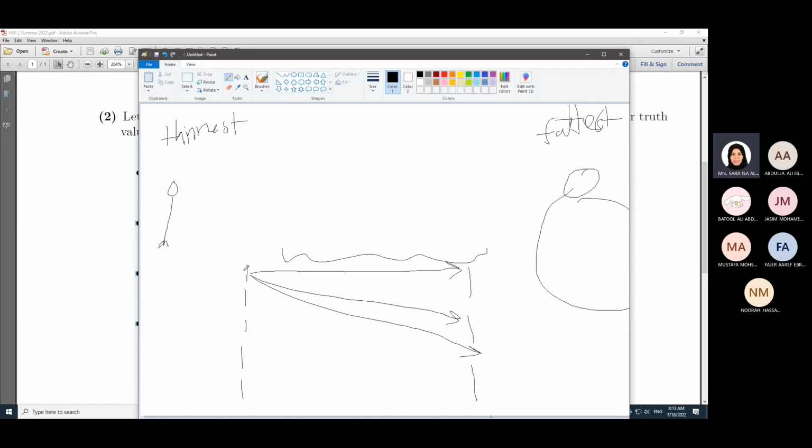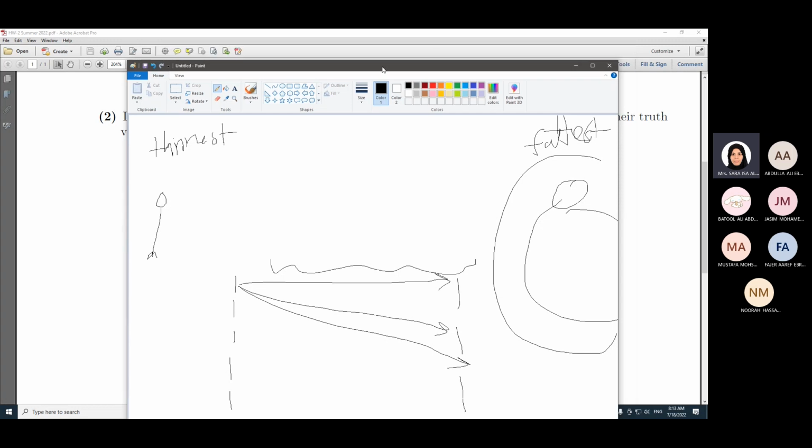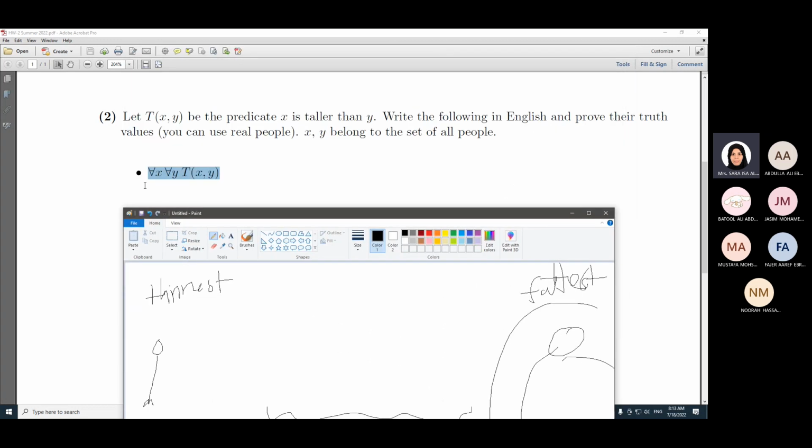Okay, but what about the fattest person in the world? Is he thinner than anyone in the world? No. So there is someone who is not thinner than other people. So in this case, it will be false. And because it starts with a universal quantifier, you have to give a counterexample.